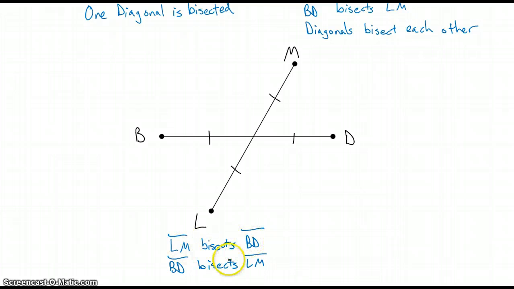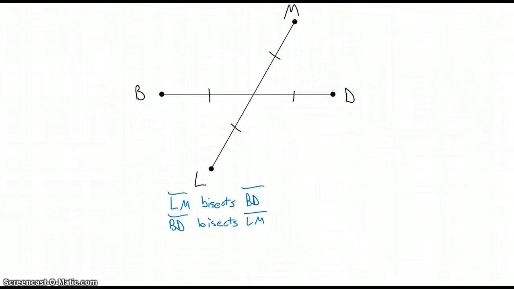And since these two segments bisect each other, if LM and BD are diagonals of a quadrilateral, the diagonals bisect each other.